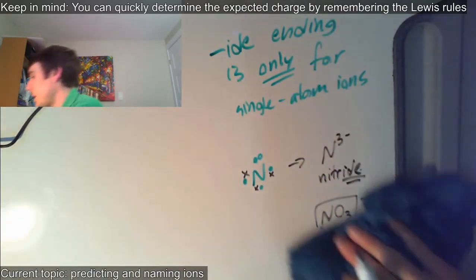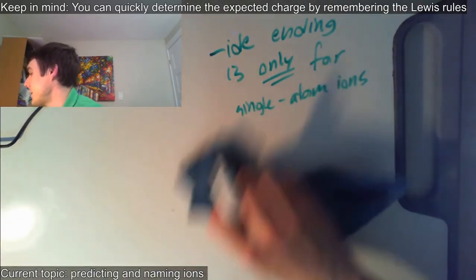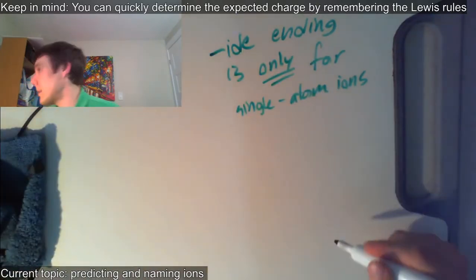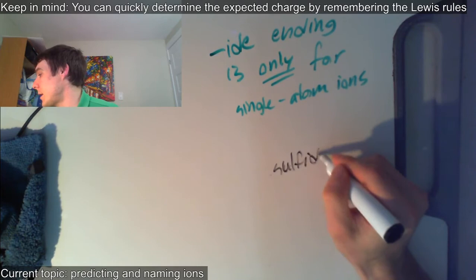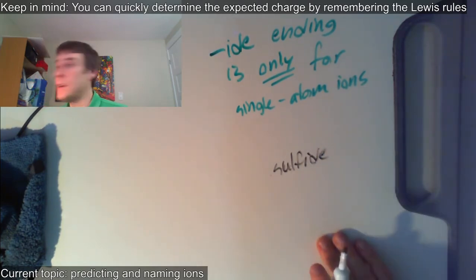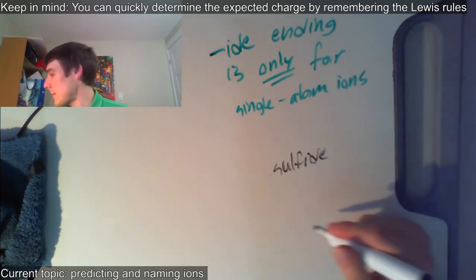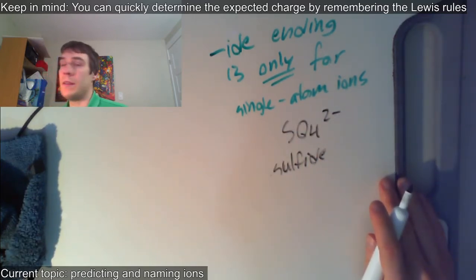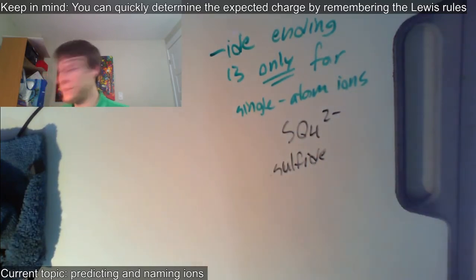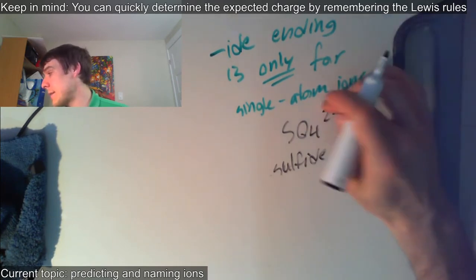You get the same thing often enough with something like sulfide, right? What is sulfide? And a lot of people will say it's SO4, 2 minus, which it isn't. Right? It has to be a single atom.